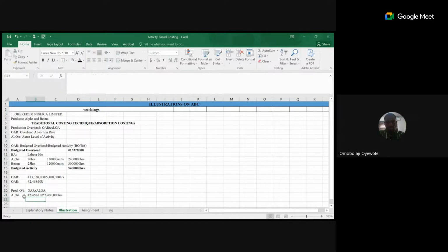That's for Alpha. Then Betam is still going to be the same thing, this multiplied by 3 million hours.